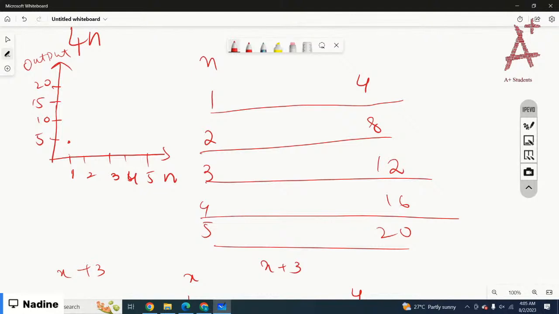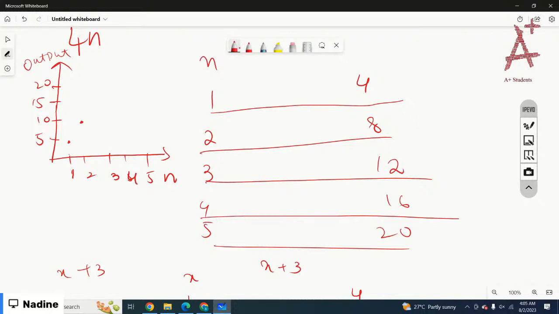You are in grade 7, so I assume you know how to make graphs, right? Then you have n is 2 and output is 8. So make a line from here, and 8 is below 10, probably here, because I'm not using the graph paper, so they are not the exact points. You can use any online graphing tool or proper paper, then they would be the exact points. X is 3 and y is 12.